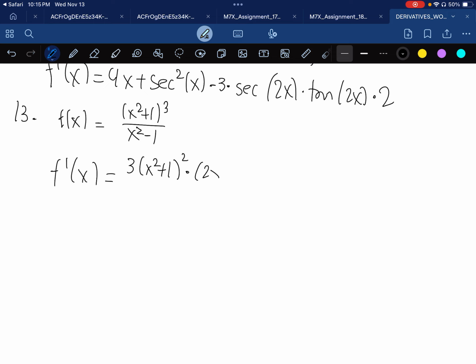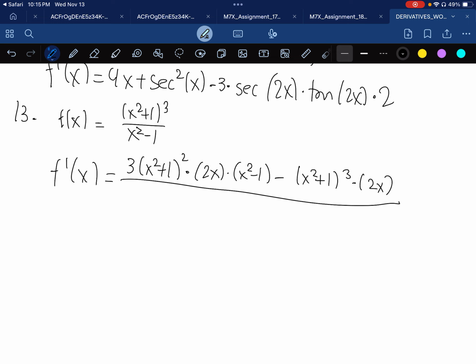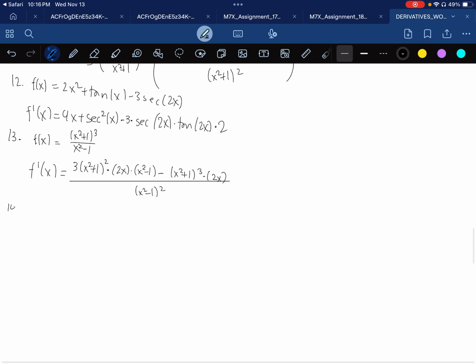Multiplied by the derivative of the inside since we're using chain rule, multiplied by the denominator, minus our numerator times the derivative of the denominator, and all of that just over the denominator squared. Problem 14.